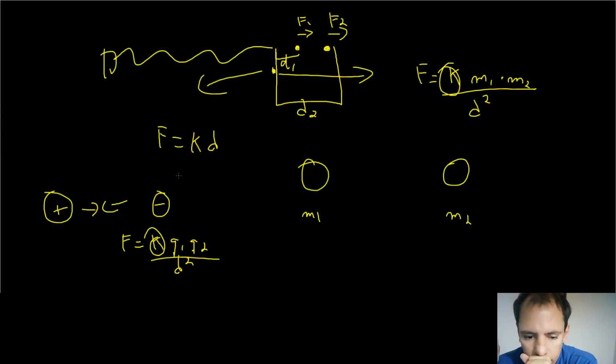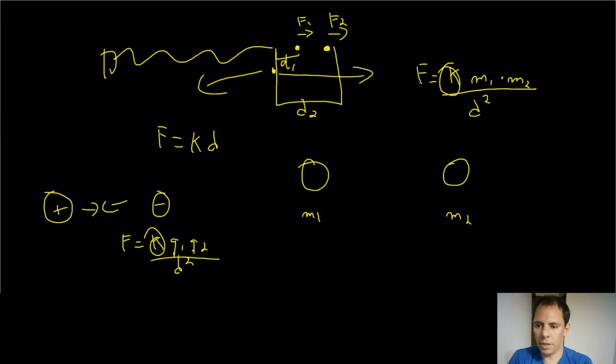The mass could be in slug, it could be in grams, it could be in kilograms; the distance could be in kilometers, in meters, in feet, inches. So the K is going to vary accordingly. Because what is the K?